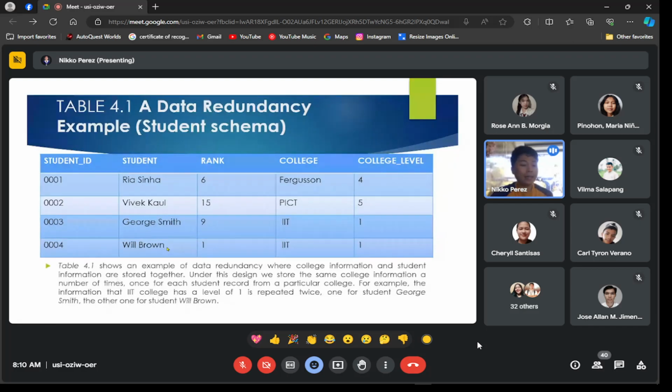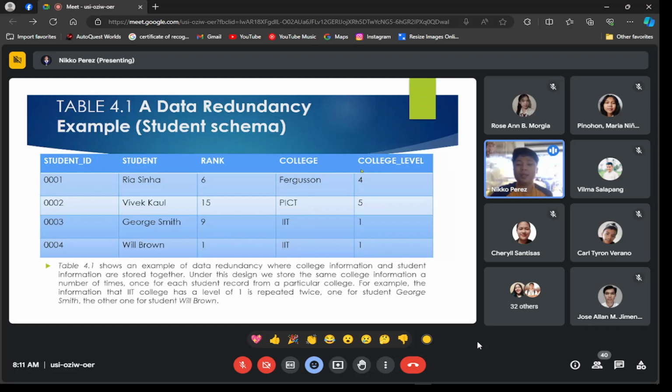So if we add another student, Juan de la Cruz, we provide his rank and then he is enrolled to IIT again with a college level 1. So there will be 3 records that are redundant. Together with the other college, if we also have an additional student enrolling to PICT, that is already a redundancy.